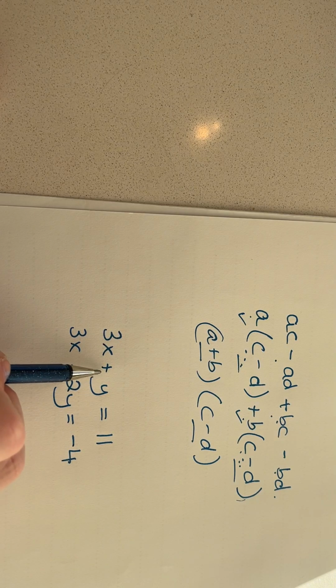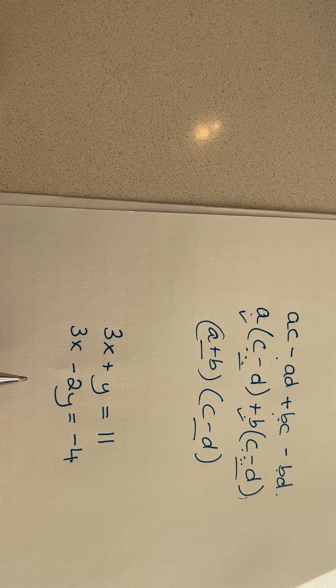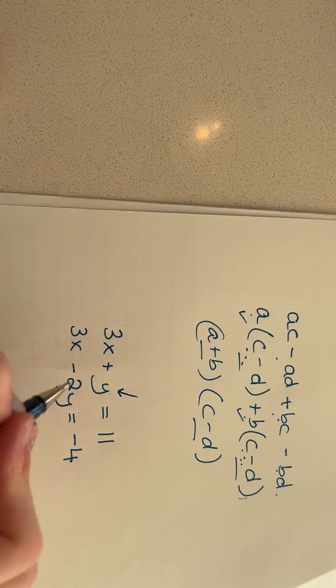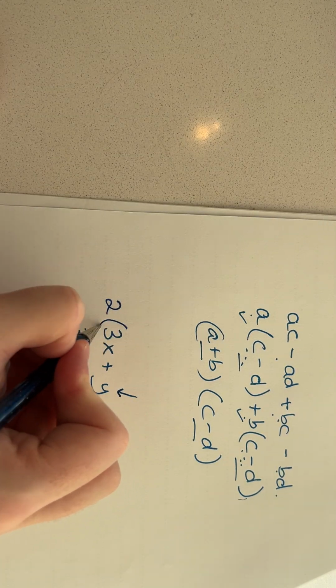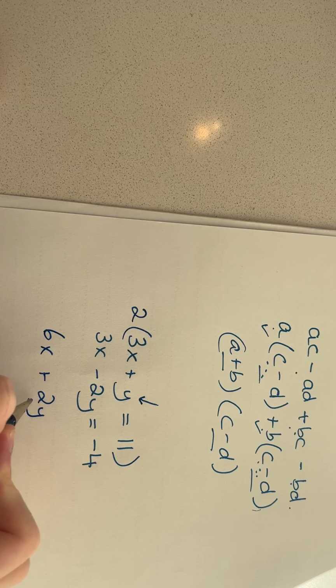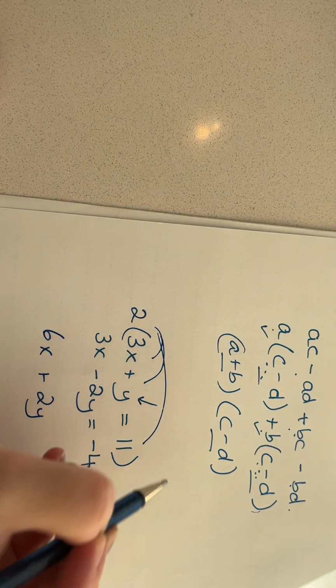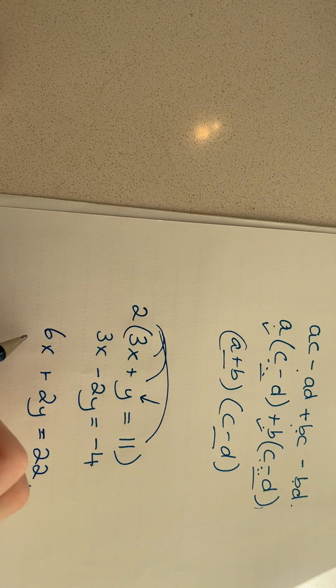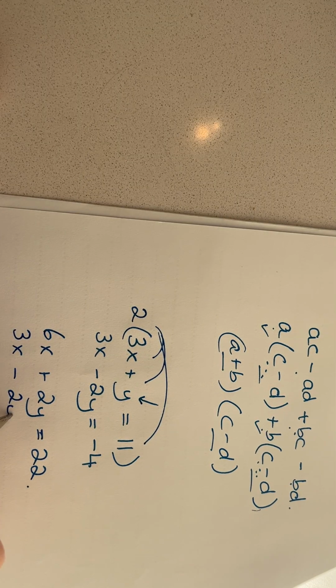And what about the y's? If you had a plus y and a minus 2y, no, they're not opposites. They're not going to cancel out. So I'm going to pick to cancel out the y's, which means I'm going to multiply that top line by 2. So everything in that top line needs to be multiplied by 2. So take your time. I'm leaving the bottom line as it is.